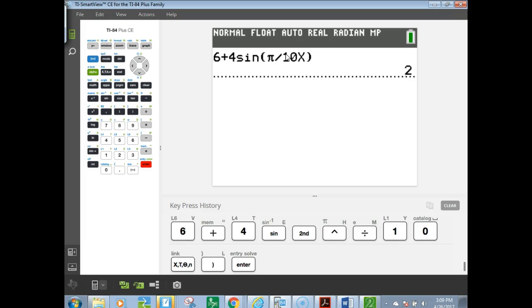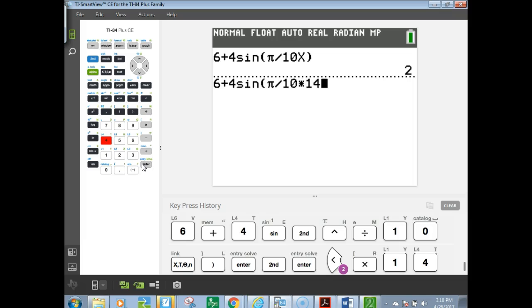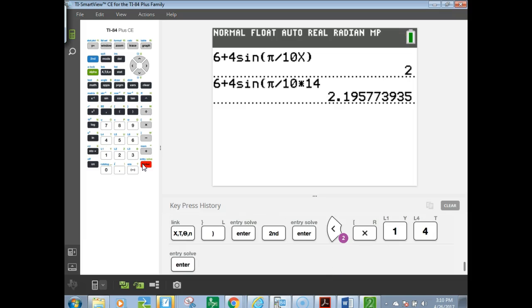Pi times, I sure didn't mean to put an x. I'm going to put a 14 in there. I meant to hit times 14. If you're getting 2.2, it's right.